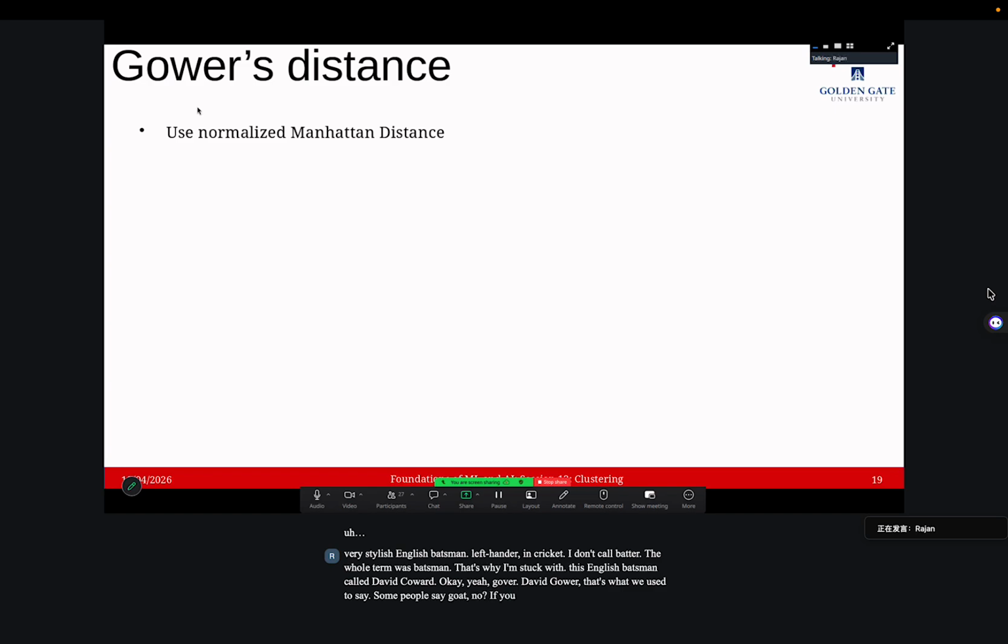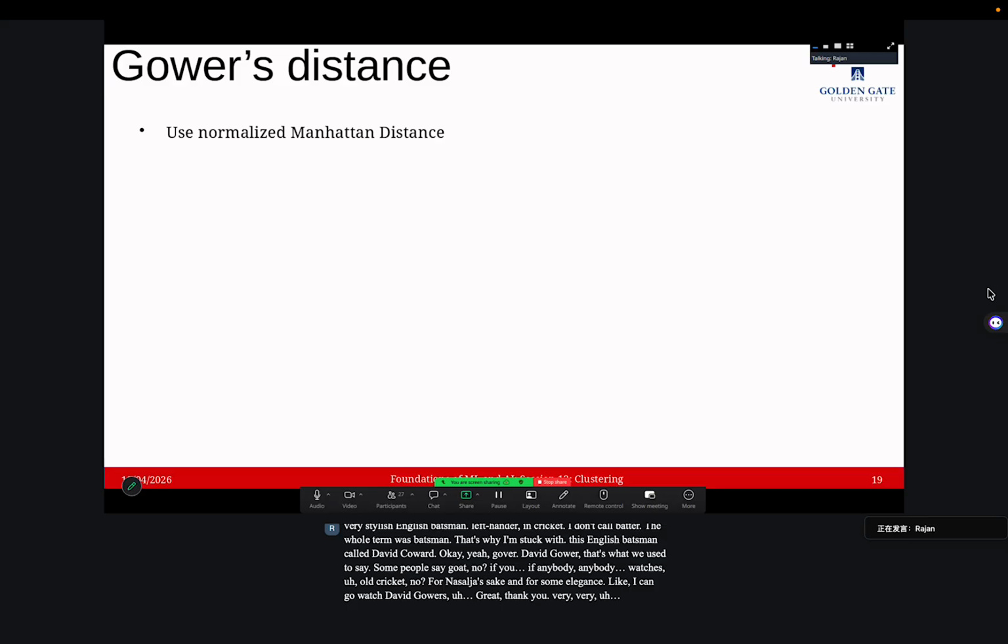If anybody watches old cricket, for nostalgia's sake and for some elegance, you can go watch David Gower's batting. Great cricketer. He kind of embodied to some extent the sportsmanship in cricket. He was a great, graceful player.